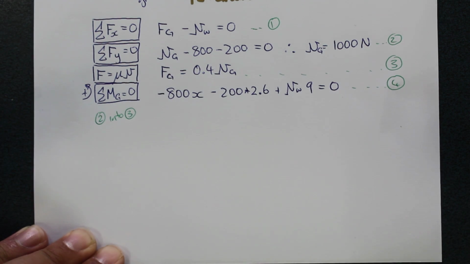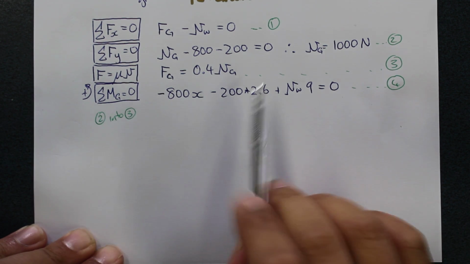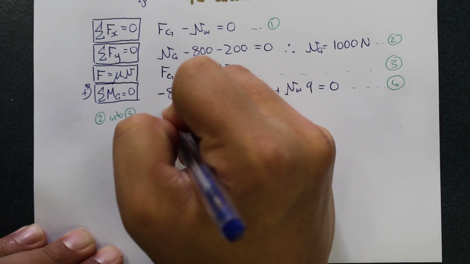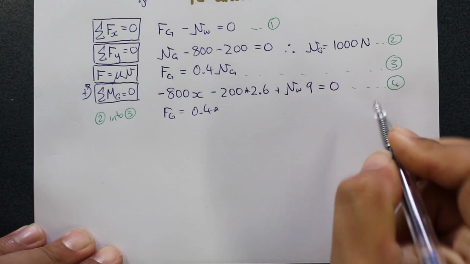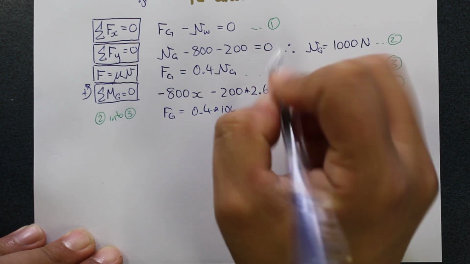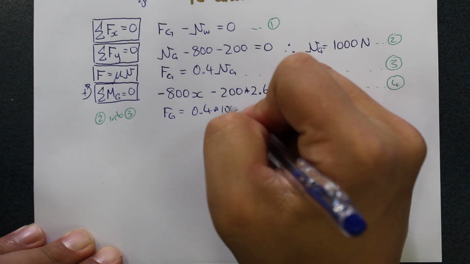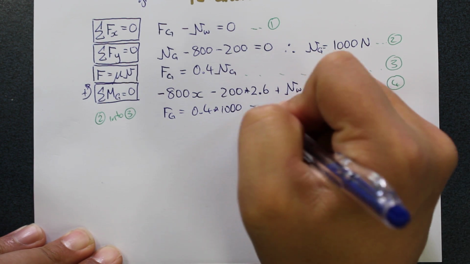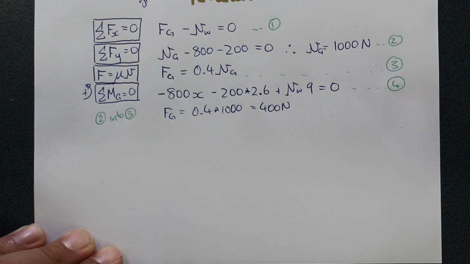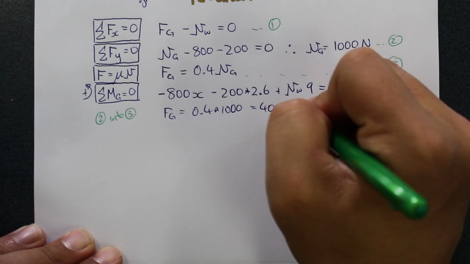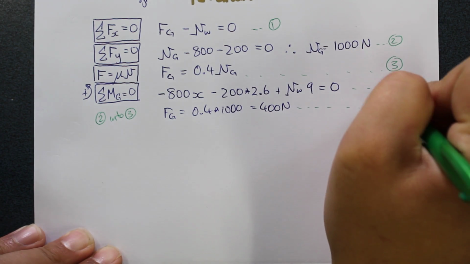Substituting, we get Fg equal to 0.4 times 1000. So Fg is equal to 400. We can call this equation 5.